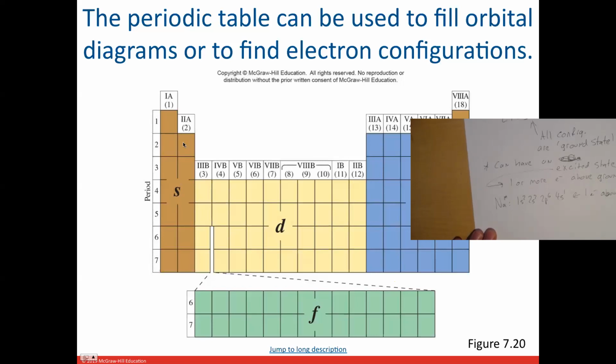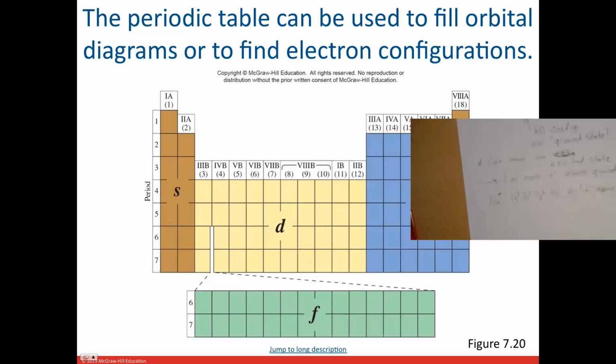It's no mistake that these first two columns are two wide. How many electrons can I have in an s orbital? 2, right? How many p orbitals are there in a sublevel? There are 3 p orbitals, right? So how many electrons can I have? 6. So it's no mistake that this block is 6 wide.